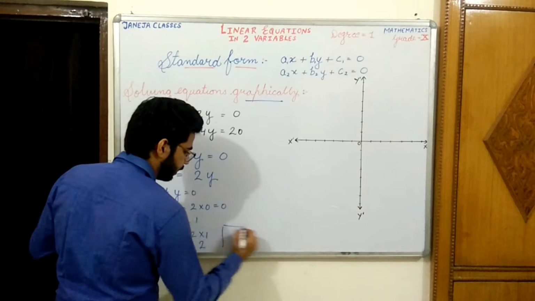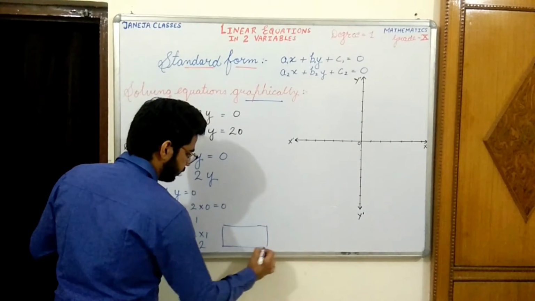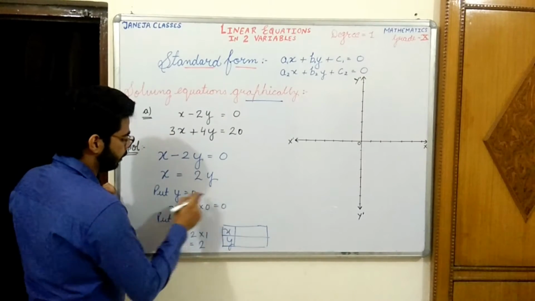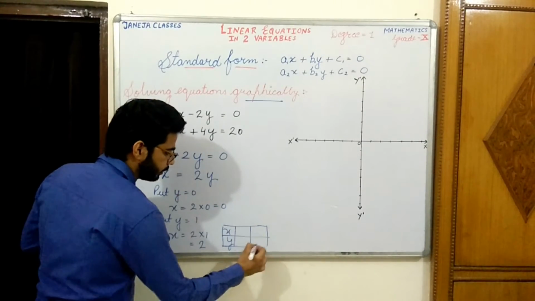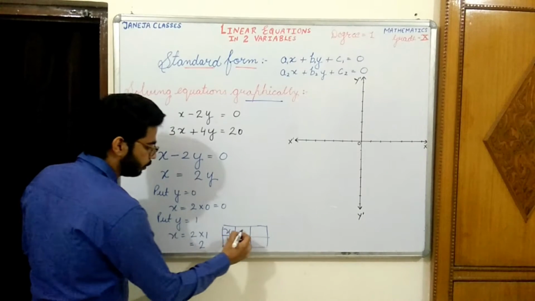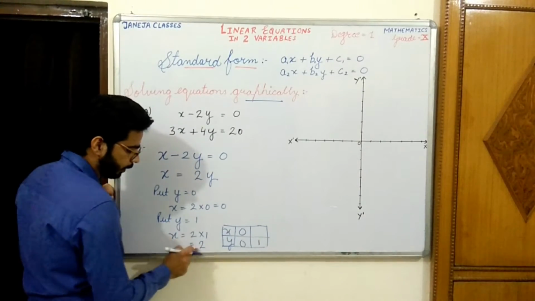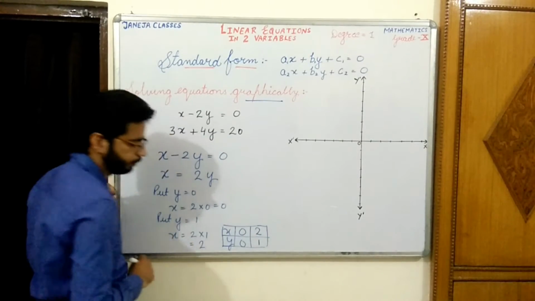So let us make a table right here, that when we have put the value of y 0, at that time the x was also 0. When we have put the value of y 1, at that time the value of x was 2.